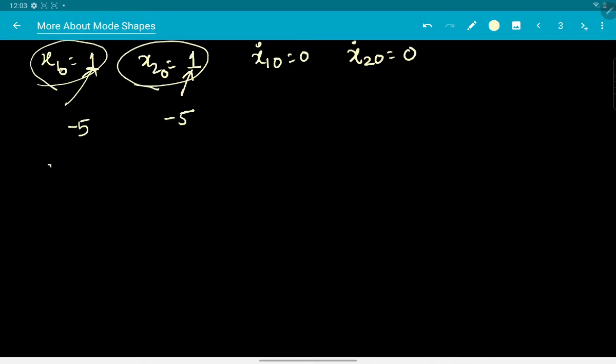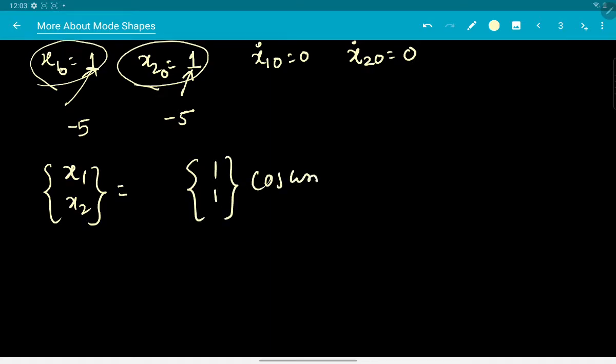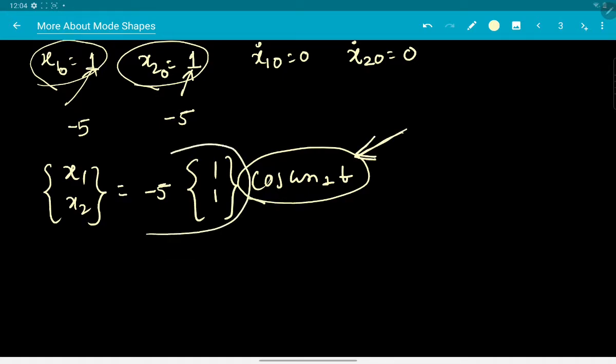You would have seen the solution only of this form: x1 x2 equal to 1 1, which is the first mode shape, times cosine omega n1 t times a certain value which depends on your initial condition. If you happen to give -5, it will come as -5 over here, and it keeps on oscillating with time. So this is only the time part, and this is the initial set that you have given.